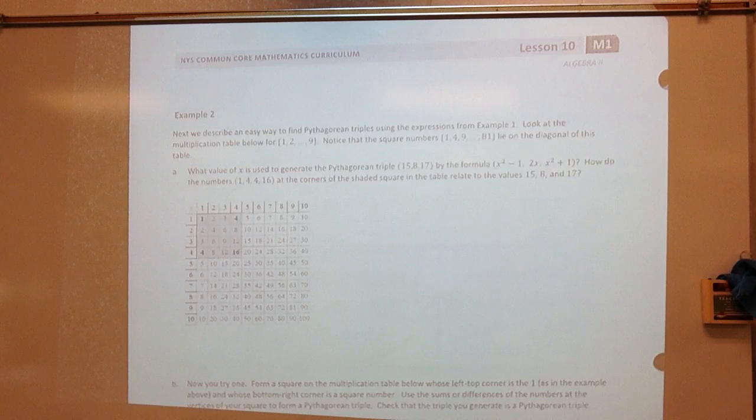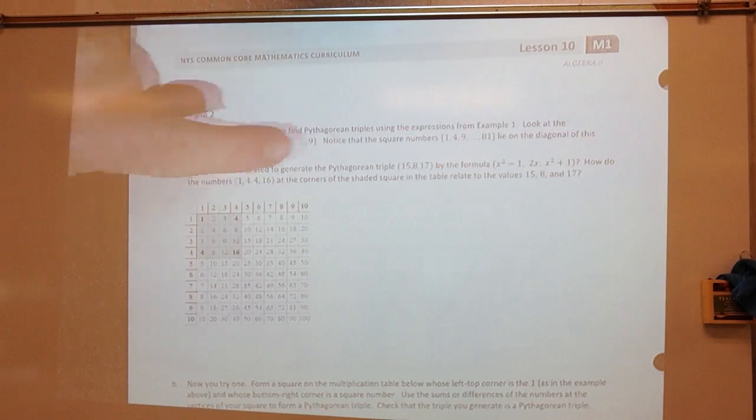Well, if you look at it, 1 is equal to 1 squared. 16 is equal to 4 squared. So we can take 16 minus 1, that gives us 15. 16 plus 1 gives us 17. And then we have 4 plus 4 is equal to 8. That is our Pythagorean triple here.